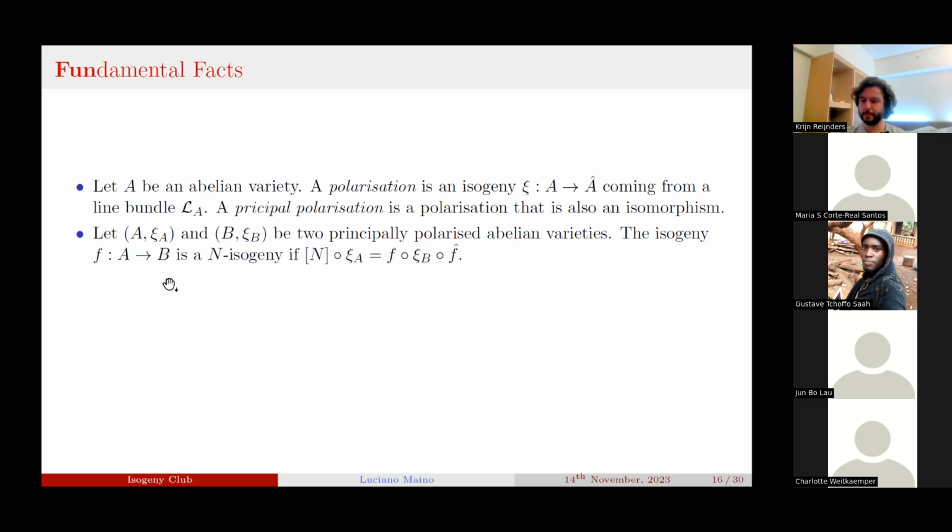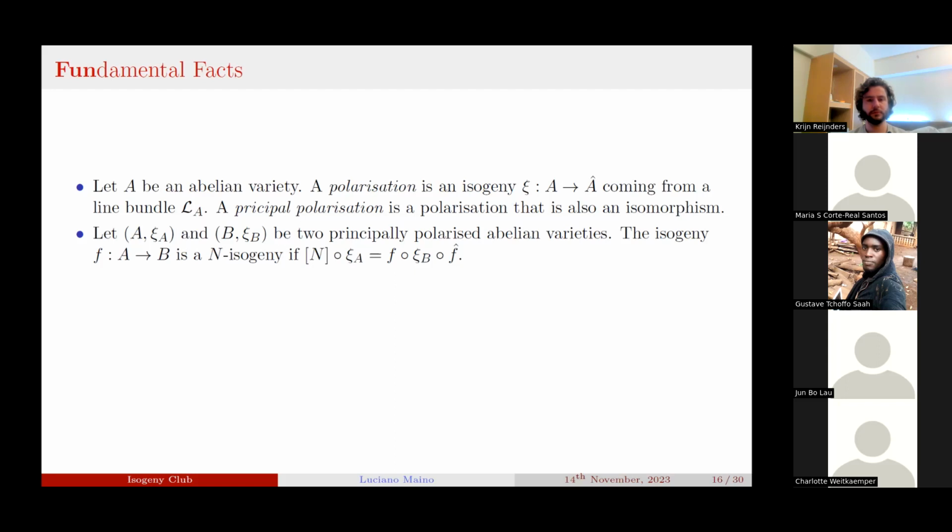So we say that an isogeny F connecting A and B is an n-isogeny if the polarization of A composed with the scalar multiplication by n is equal to the dual of F composed with the polarization on B composed with F. And that's the meaning of an n-isogeny respecting the polarizations as well.